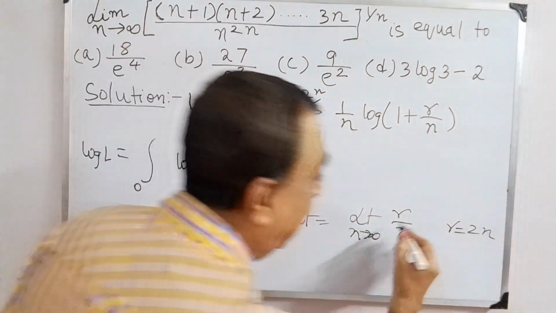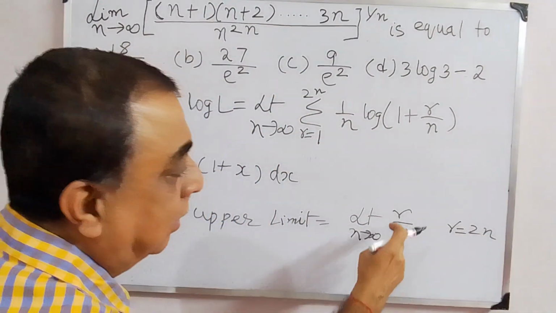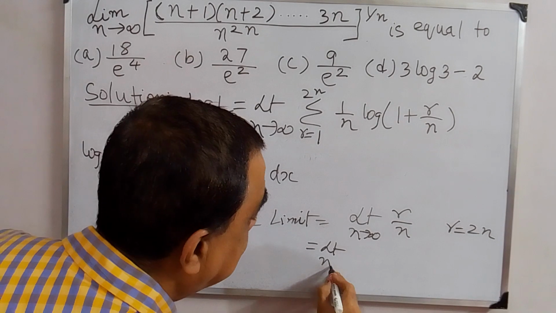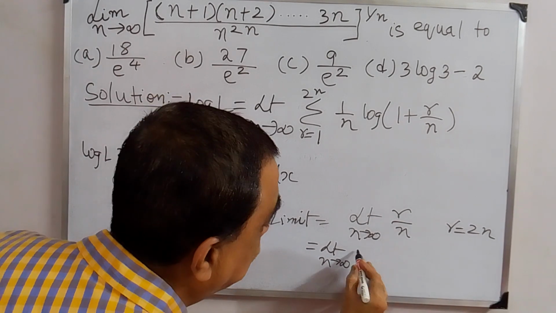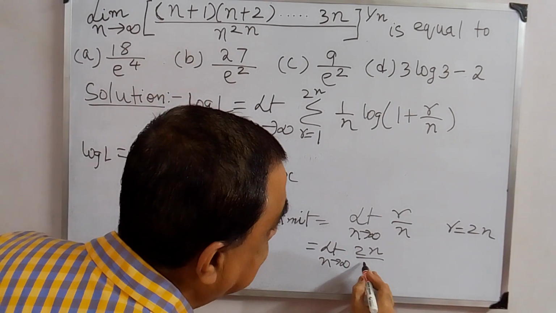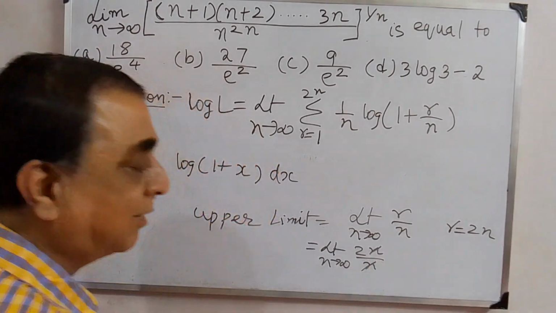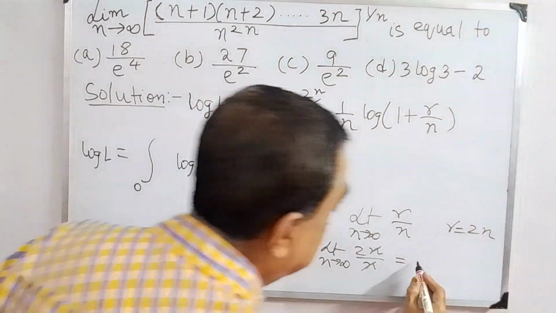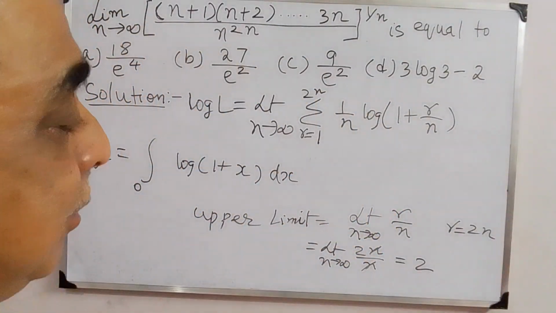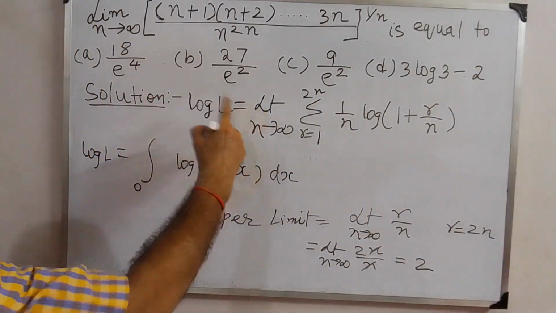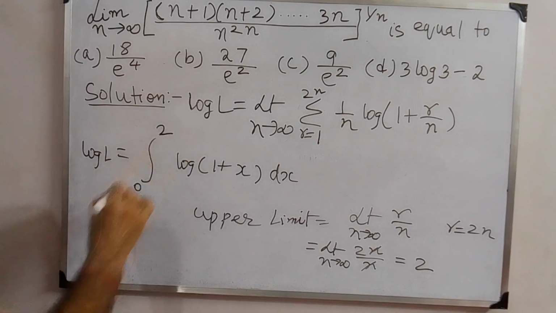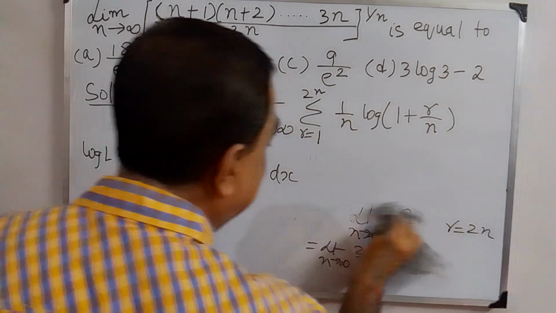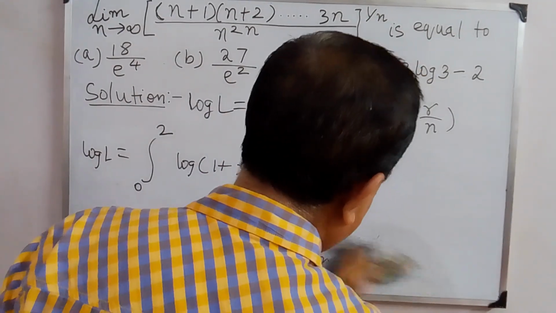So substitute r equals 2n here. So 2n by n, the n cancels out, and this is just a constant number. So the upper limit becomes 2 for the given sum. So the upper limit here is 2 and the lower limit is 0. So the limit becomes this.